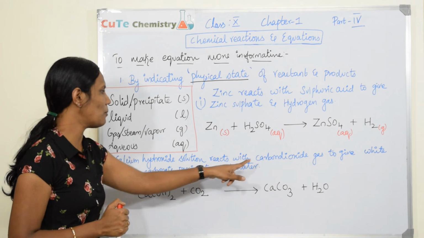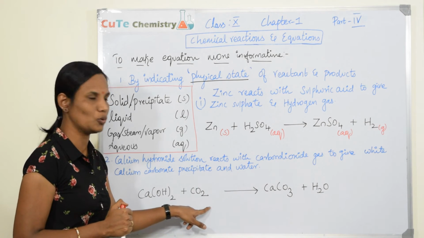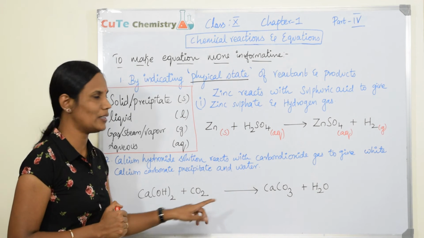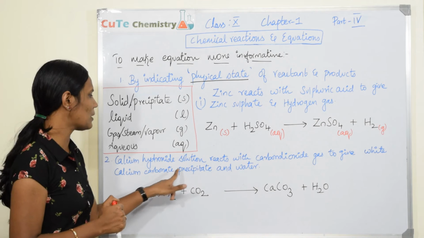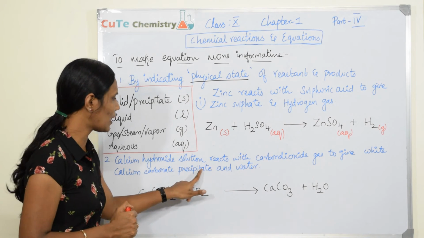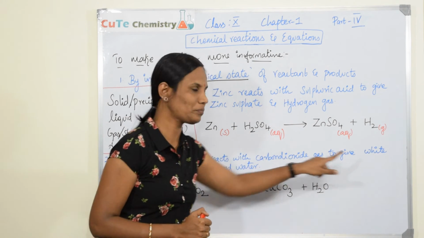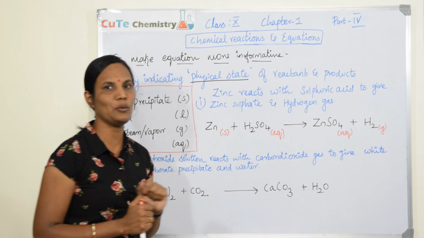And then the formula for carbon dioxide is CO2. These two react together to give calcium carbonate. Here they have given that calcium carbonate is a precipitate and the color of the precipitate is white. Along with that we are getting water.